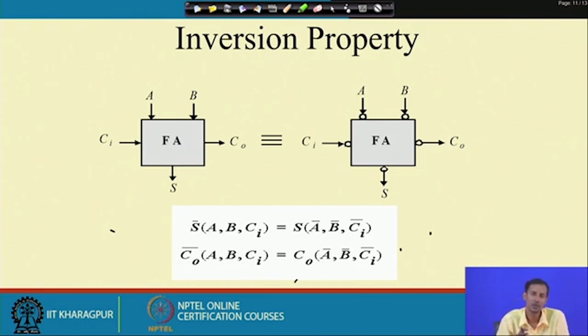It will not give you the expression for AB plus BC plus CA directly.